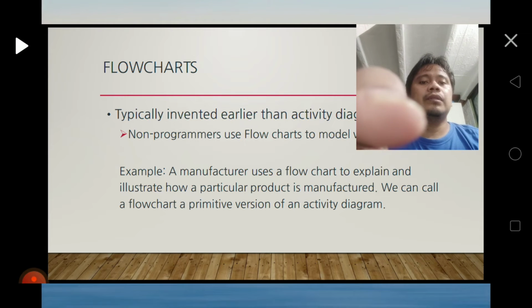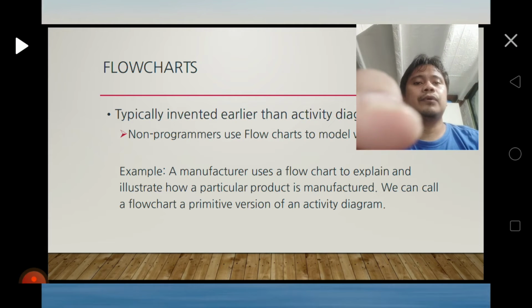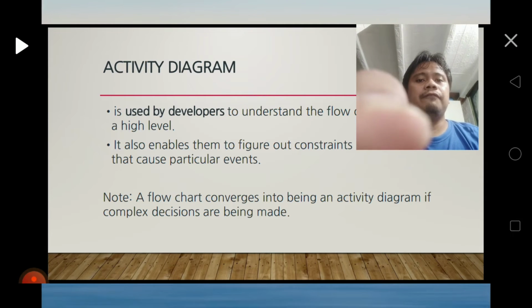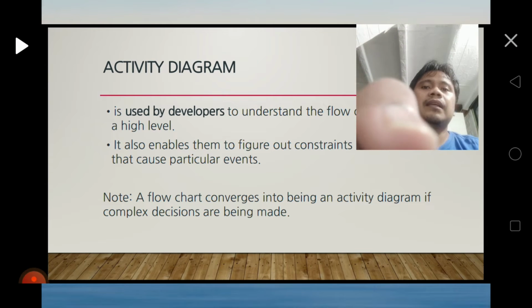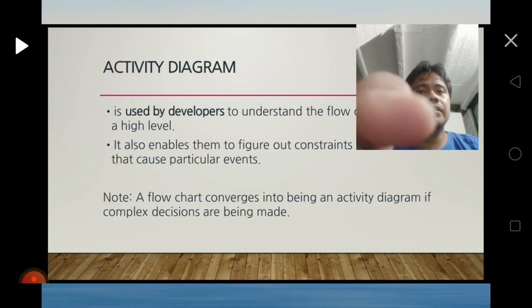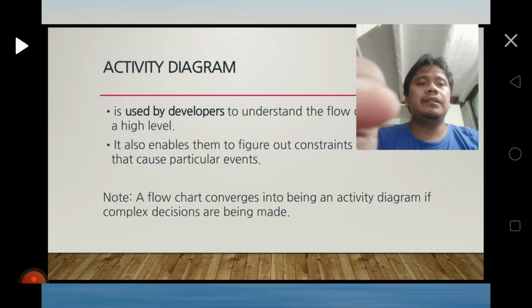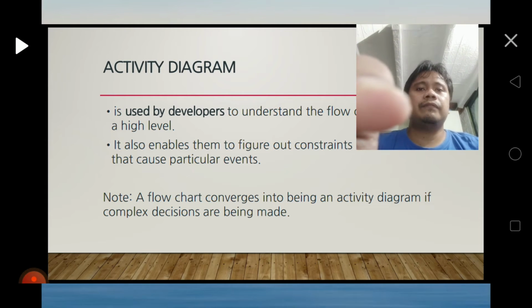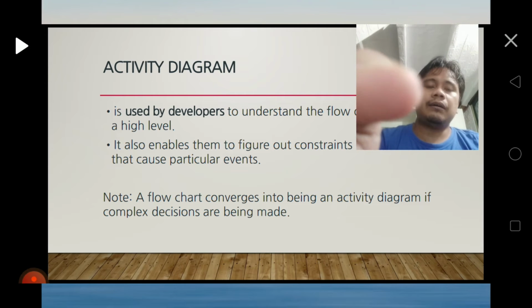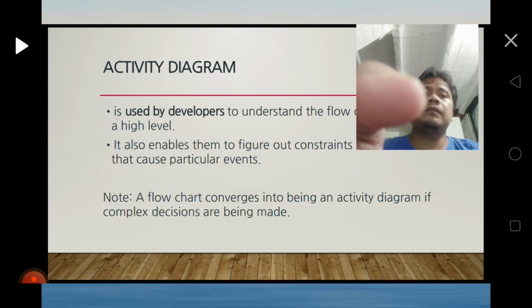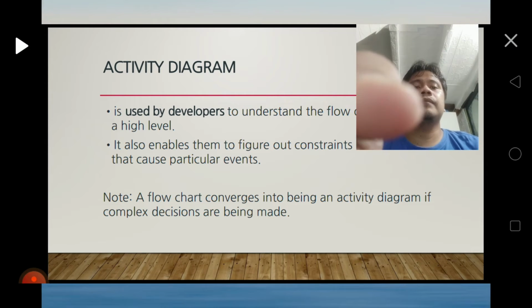So this is for the flowchart. And for the activity diagram, it is used by developers to understand the flow of programs on a high level. It also enables them to figure out constraints and conditions that cause particular events.